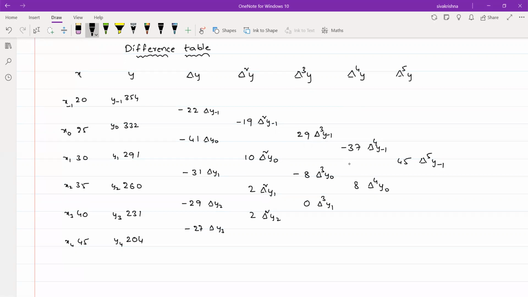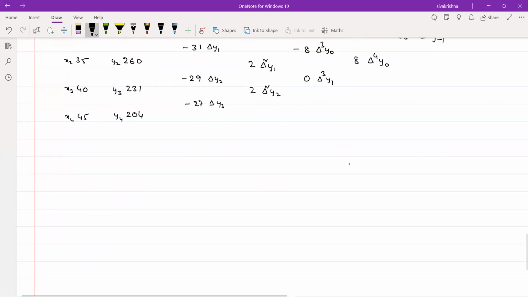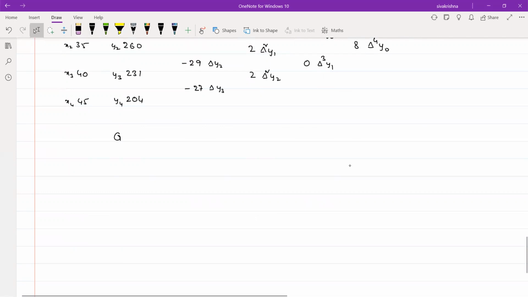Okay, so now we have to write the Gauss forward difference formula, or simply Gauss forward formula.